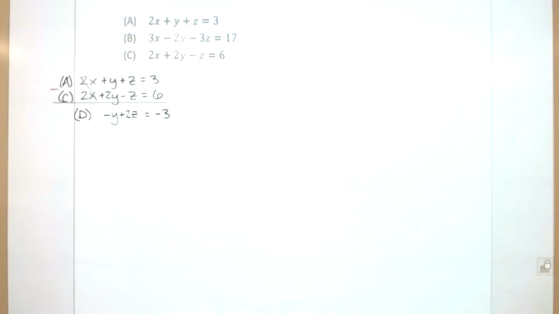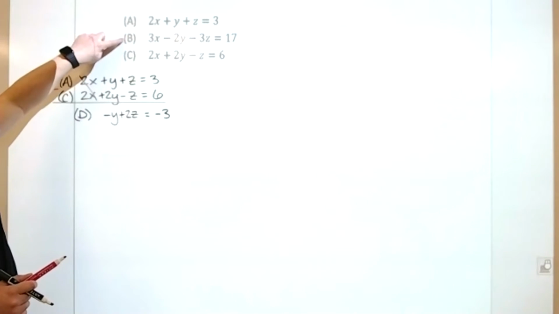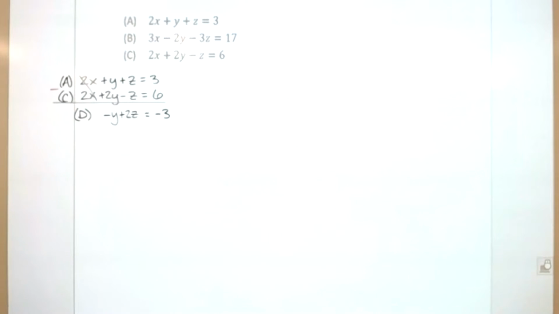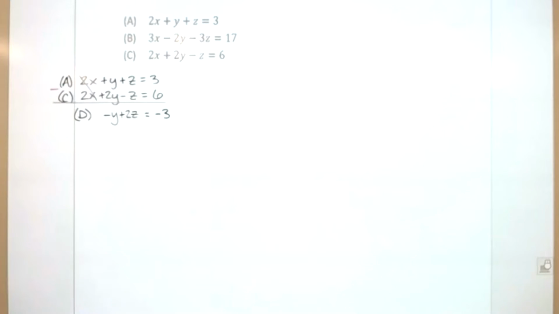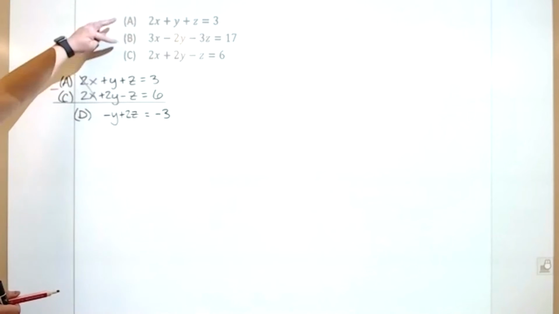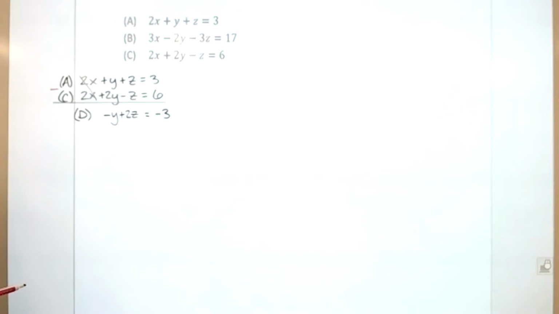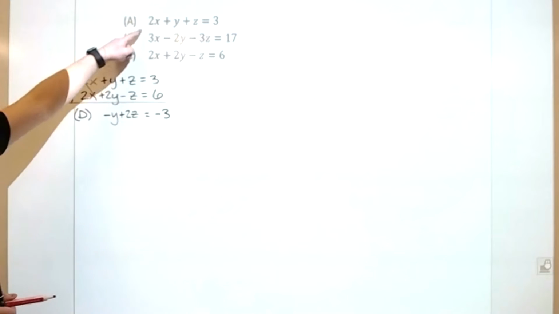The next thing we're going to do is pick a different combination of equations. I've already used A and C. I can't use A and C again, but I can do A and B or B and C, and I'm still going to eliminate the x again. Now, if I just keep things simple and say, let's do A and B, then I can't just add or subtract these to get rid of the x right away because this is 2 and this is 3.